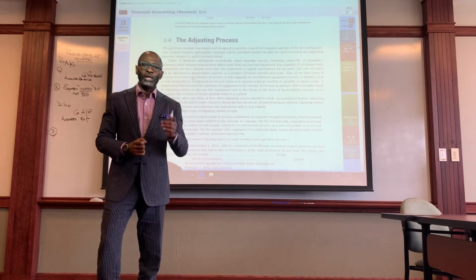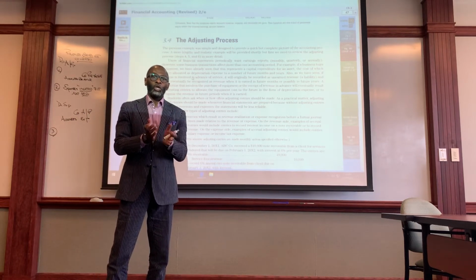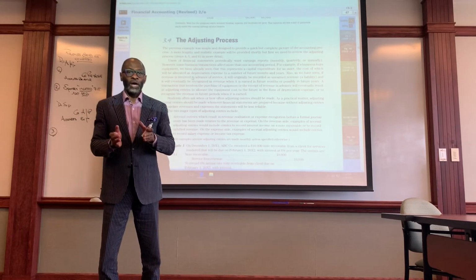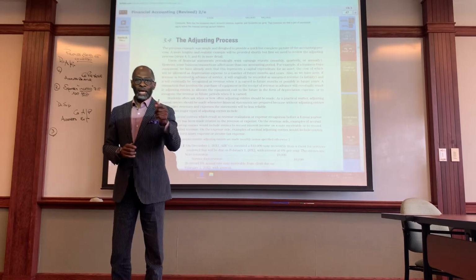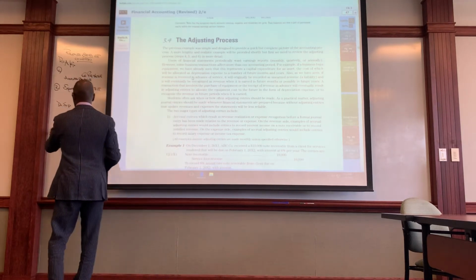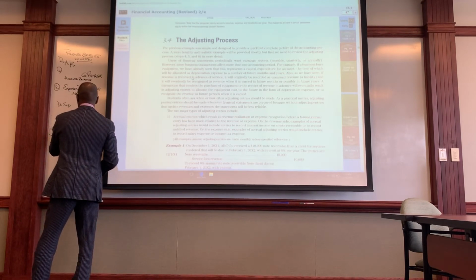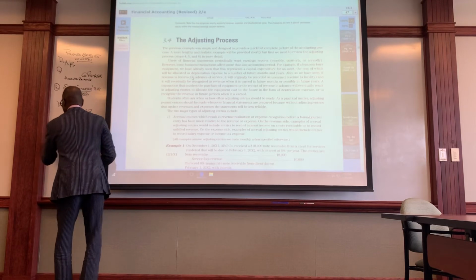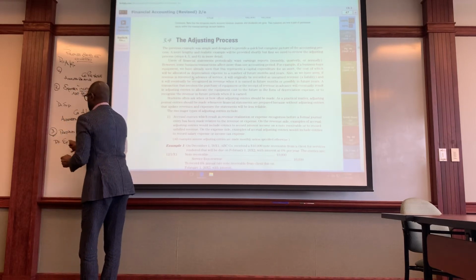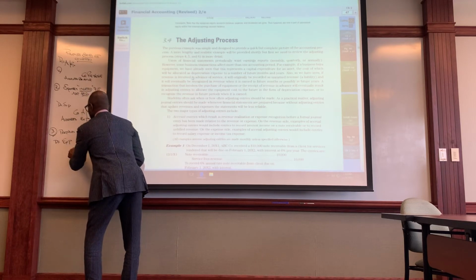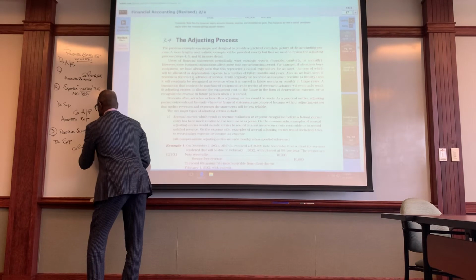The adjusting entry then requires us to adjust the prepayment to its proper balance, thus reducing that prepayment for what's been used. Here's the adjusting entry for prepaid expenses. You're going to debit the expense, whatever that expense that was prepaid is, and you're going to credit the prepaid expense.